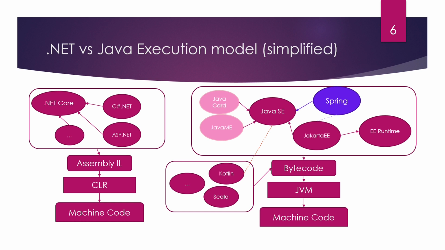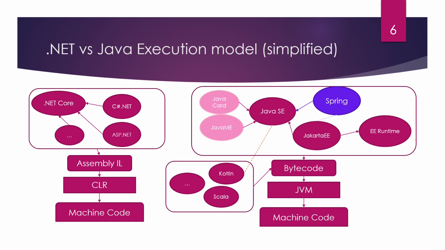For Java, it's a little more complicated. We have Java SE, Java Core, Java ME, and Jakarta EE. I've also included Spring in this diagram because I believe that you cannot talk about Java without talking about Spring. When the application is developed using Java platform, the Java compiler will generate something called bytecode.